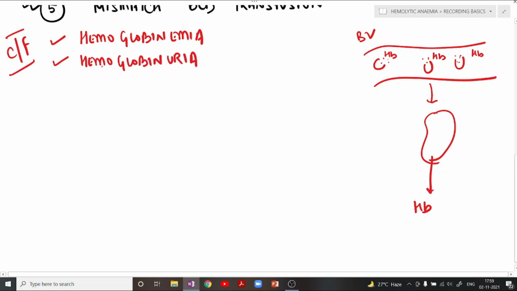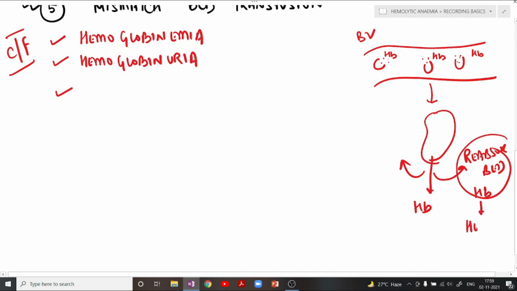Once the hemoglobin enters the kidney, some amount is also going to be reabsorbed into the tubules. Inside the tubules, this excess amount of hemoglobin is going to get converted into a storage form that is called hemosiderin.